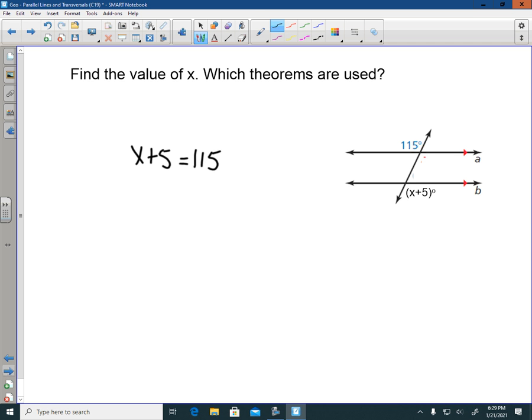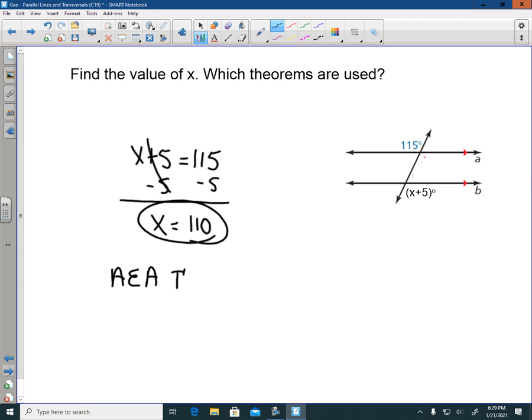So now I could solve this. I can find the value of x by subtracting 5 from both sides, and I have x equals 110, and I'm done with the problem. Which theorem did I use? I used the alternate exterior angle theorem.